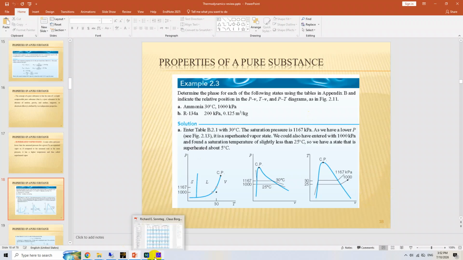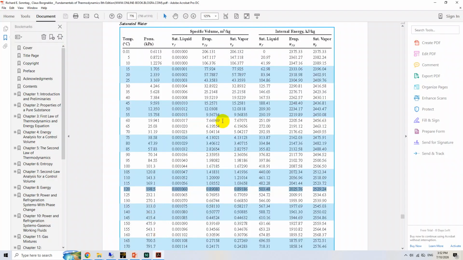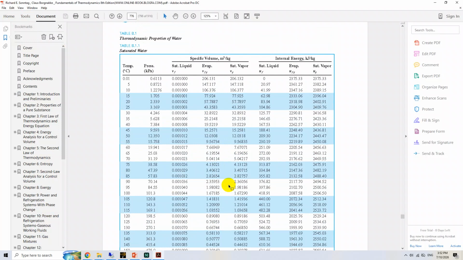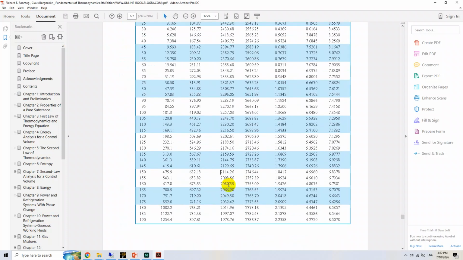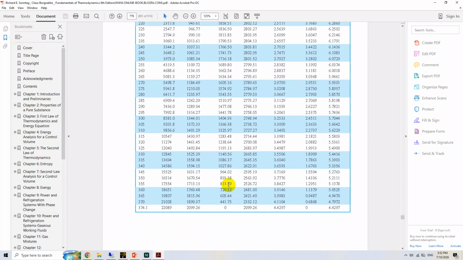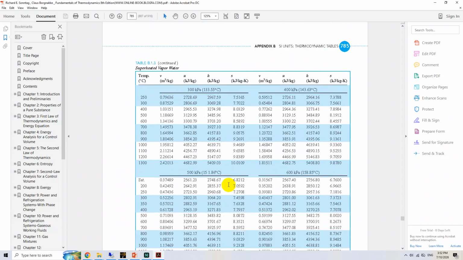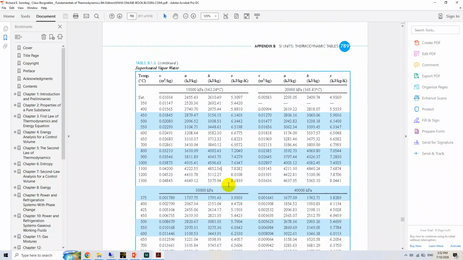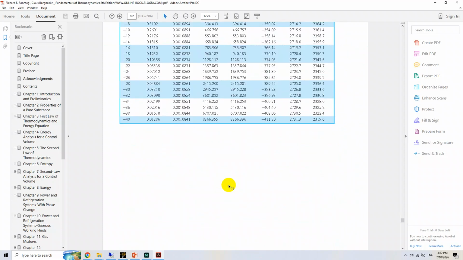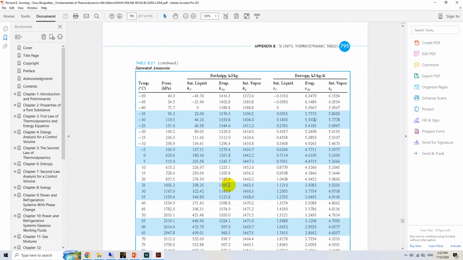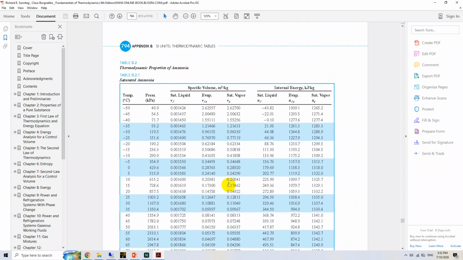To solve this, we go back to the B.1 table, table B.2 for ammonia. The temperature is 30 degrees.